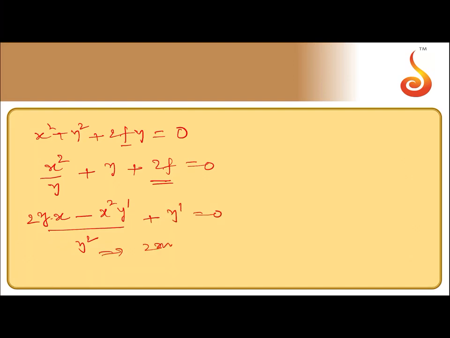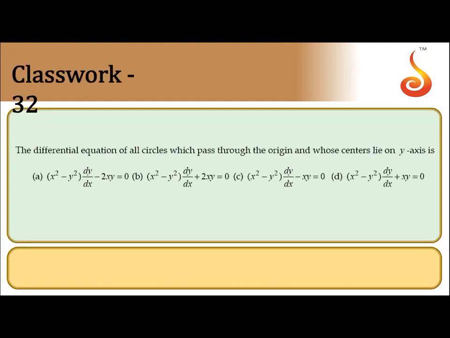Multiplying, you will be getting 2xy is equal to x square minus y square multiplied by dy by dx. I hope it is the first option.